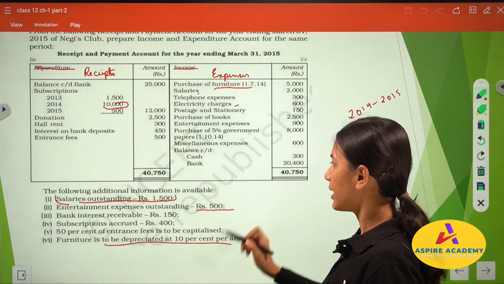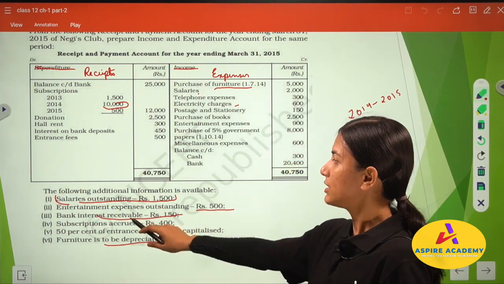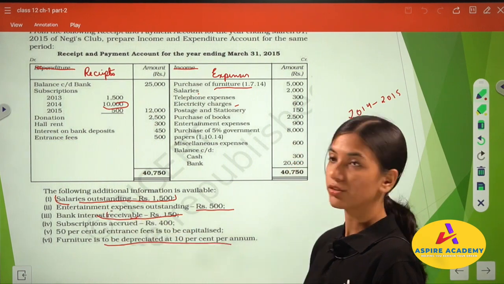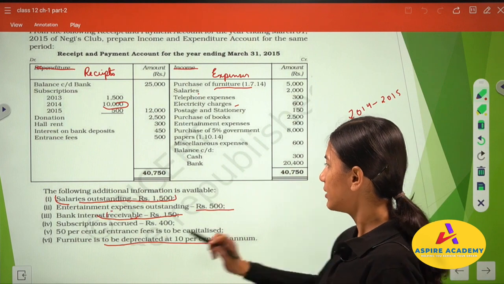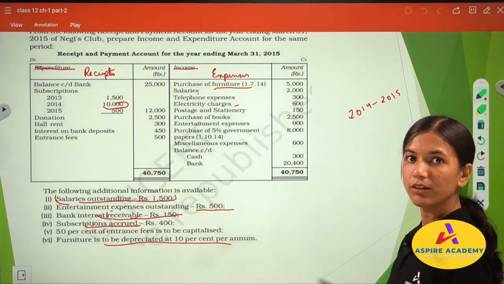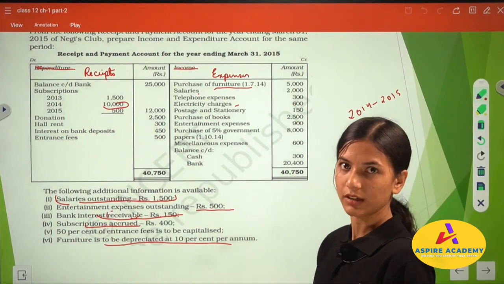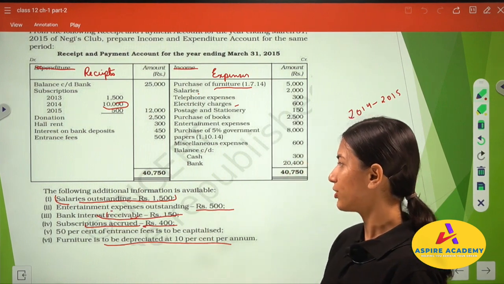This one is going to be added. Then bank interest receivable. This is also receivable, means we are going to receive it, so this one is also added. Then subscriptions accrued, means this amount we have not received yet, but we are going to receive it soon. So that is also added.